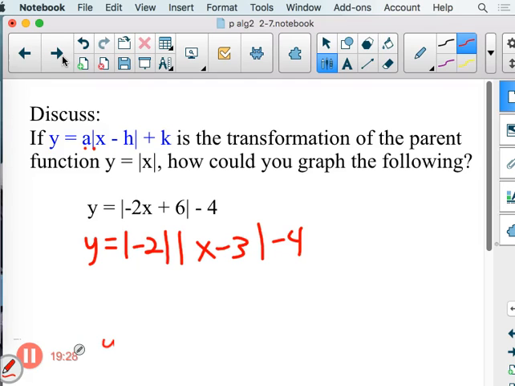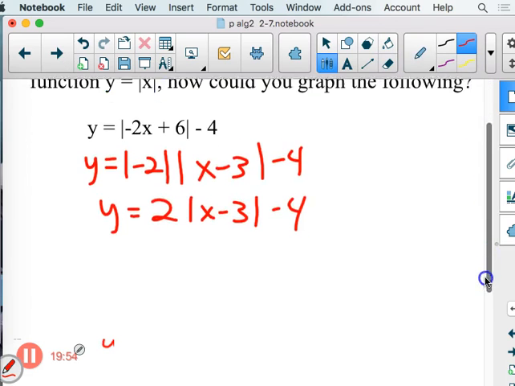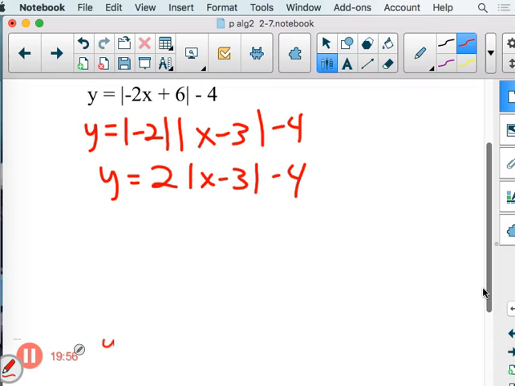Do we know what the absolute value of -2 is? What is it? It's 2. Now it looks like it's supposed to. That's what we needed. That x was supposed to be right after the absolute value bars. That's what this does. So we had to get this to look like that. Now it does. So now, when they ask us how would we graph this, well, the first place we'd go is the vertex.